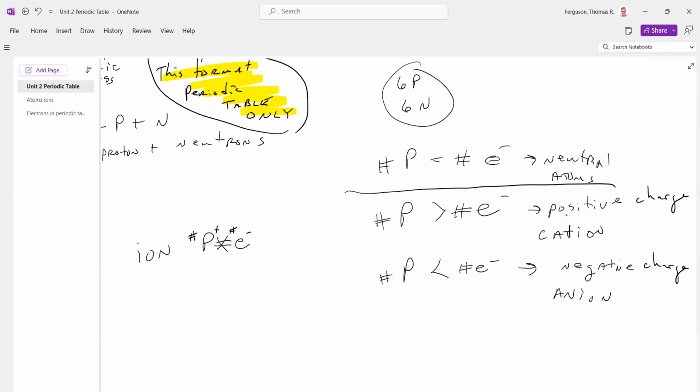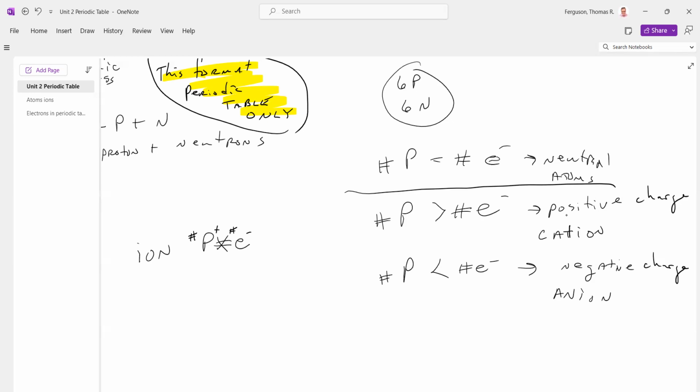And think of the N here as negative. This one's easier, in my opinion, to remember than that one. If this is positive, the other one's got to be negative. So think of that T as a plus, or whenever you write cation, just make your T like a plus.